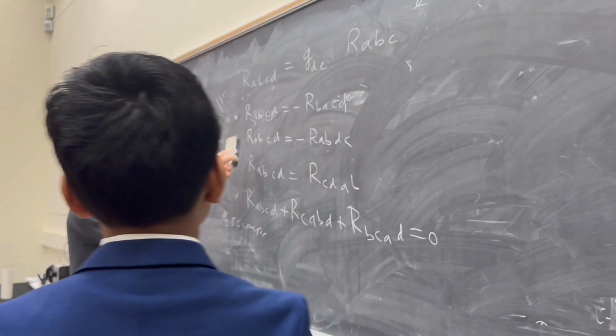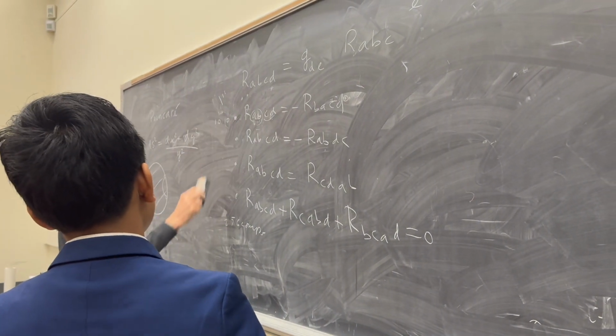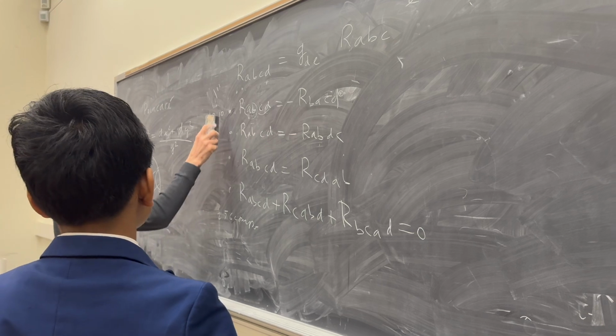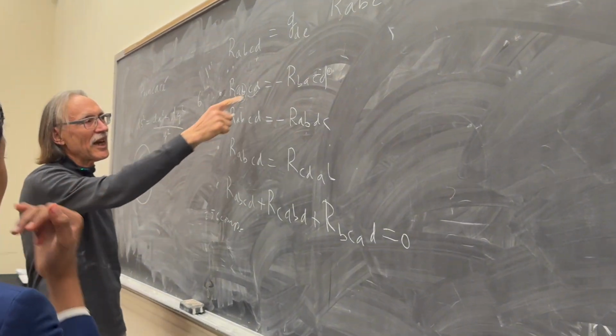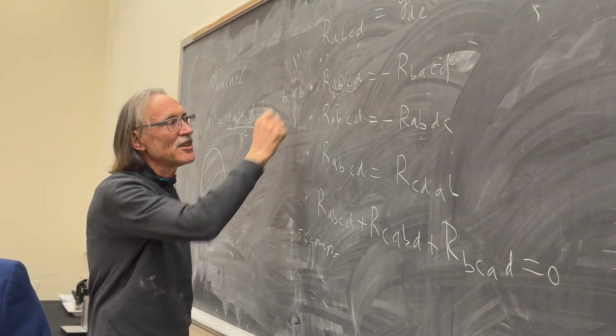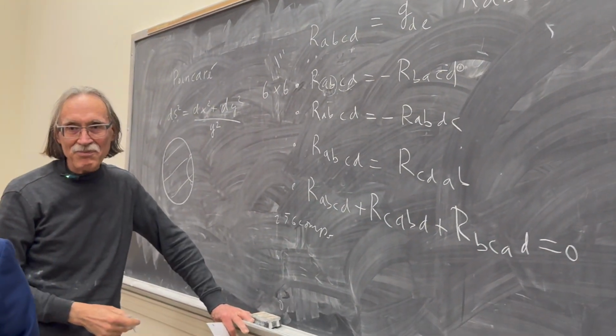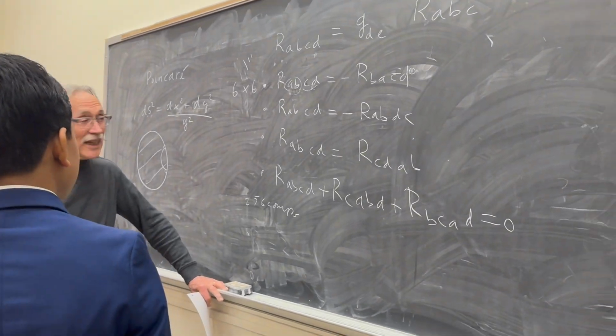So when anti-symmetric, when they are the same, this is not there. So we actually can do better. It is 6, and there are another 6. So we end up with basically 36.